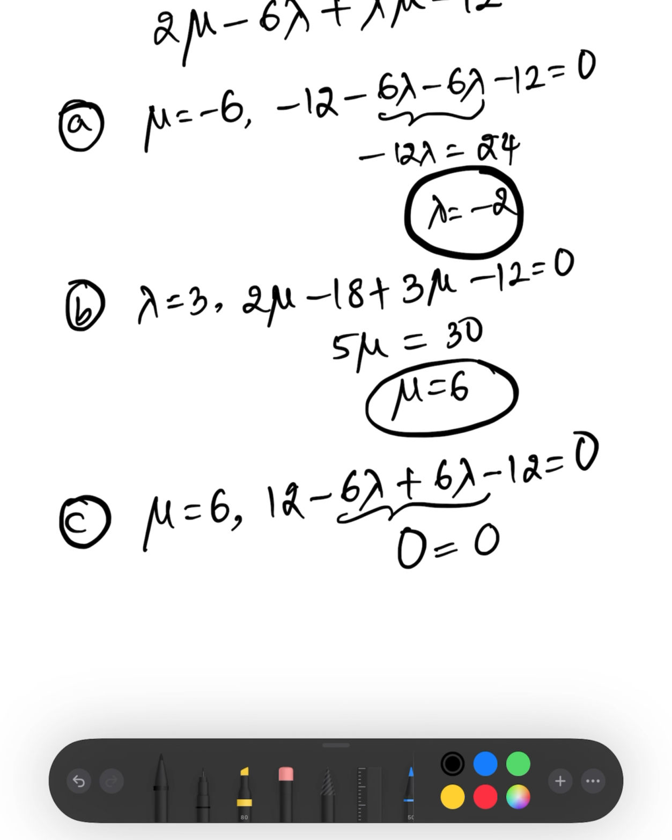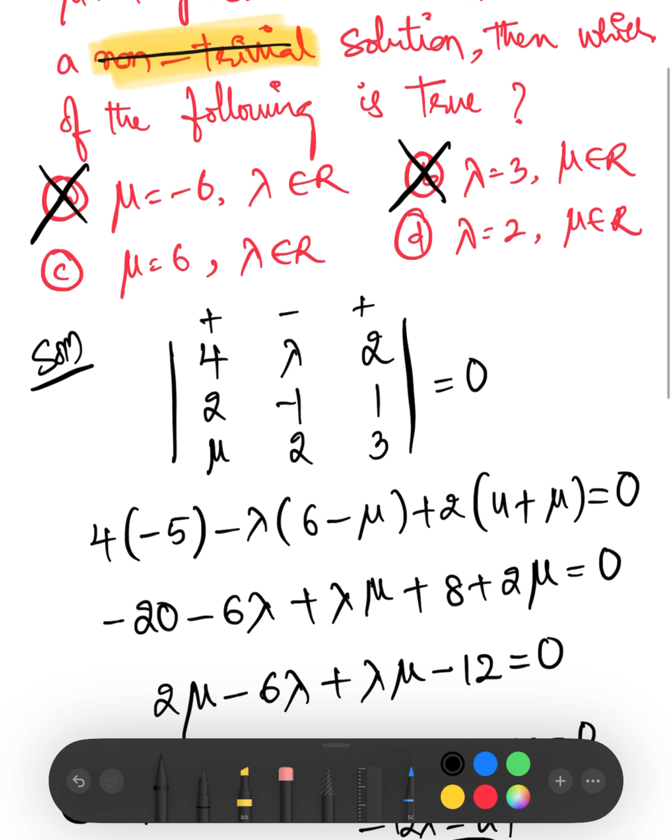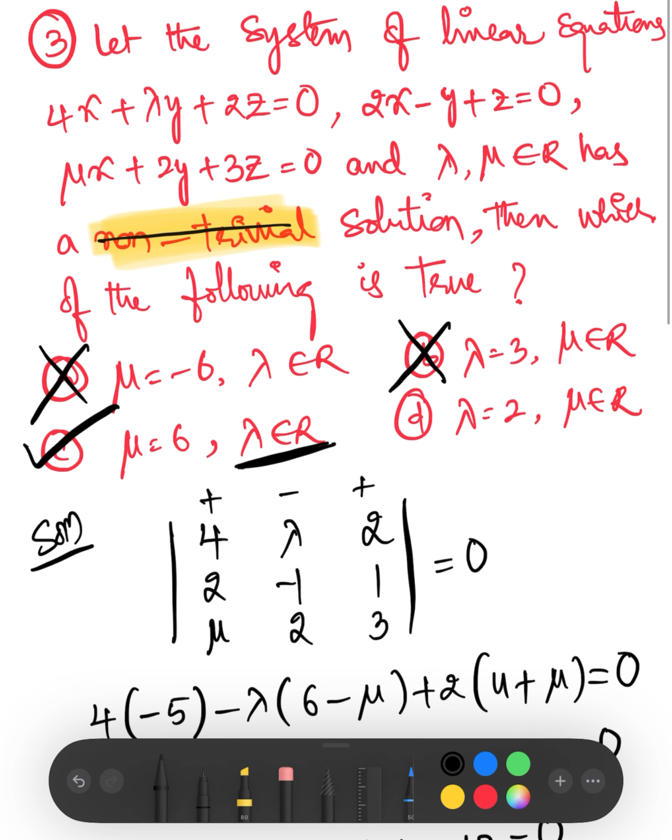Here lambda also eliminates. So clearly lambda may be any real number, because lambda vanishes here. So our answer is the third option. Like this we can solve this question.